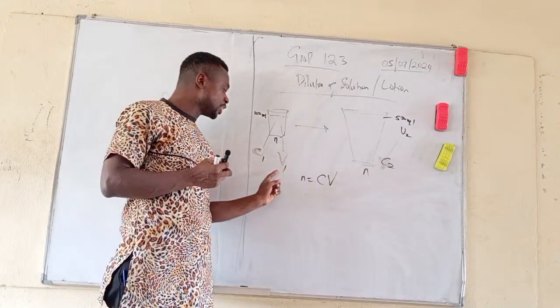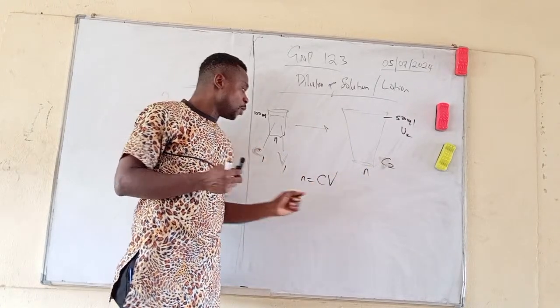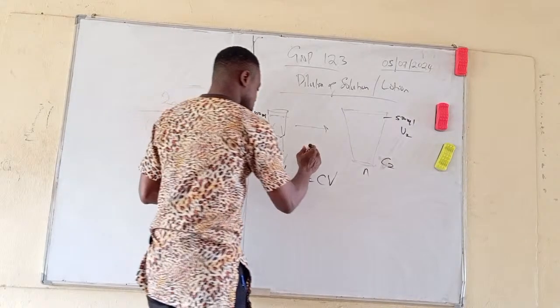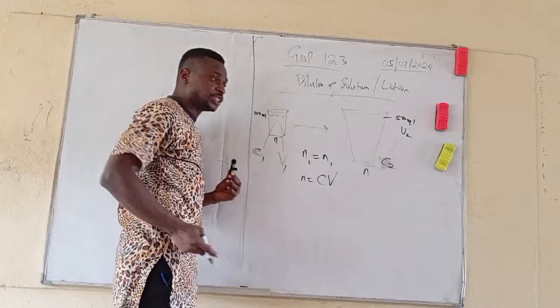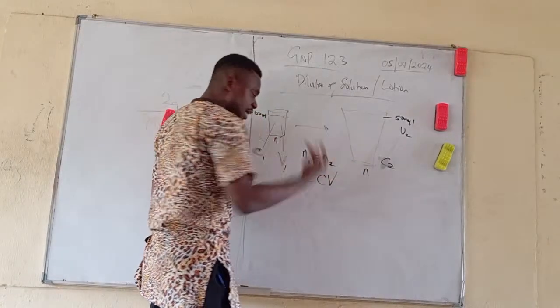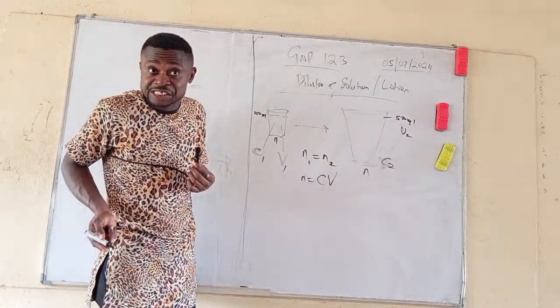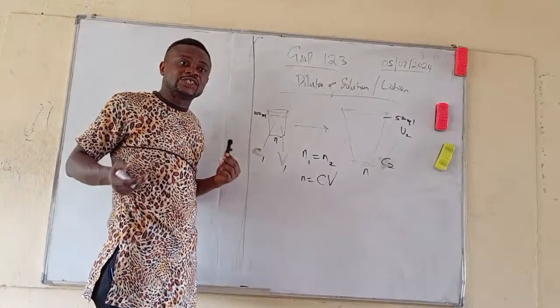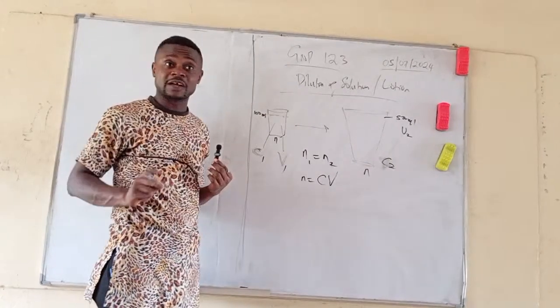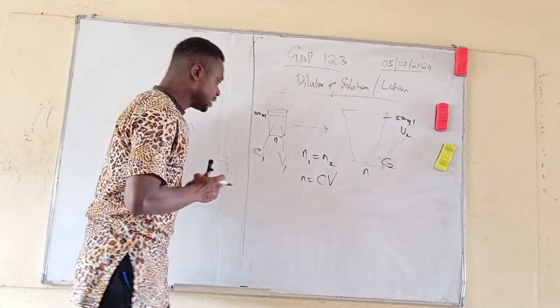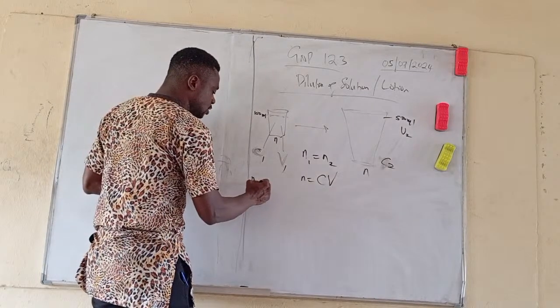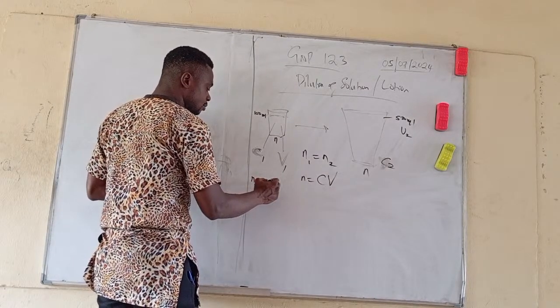Volume changes from V1 to V2. But number of moles is the same thing. It does not change. N1 is equal to N2. Did it change? So if N1 is equal to N2, let's derive the dilution formula. If N1 is equal to N2, it does not change, right? Now, N1 is equal to what, from this formula?